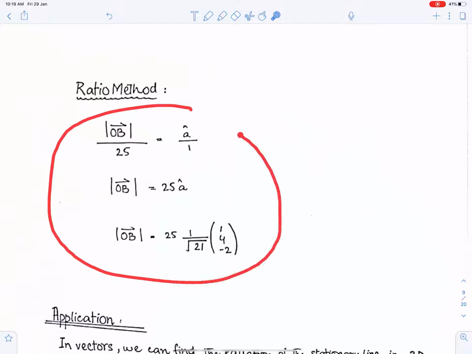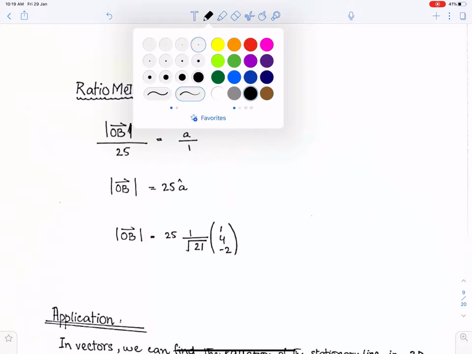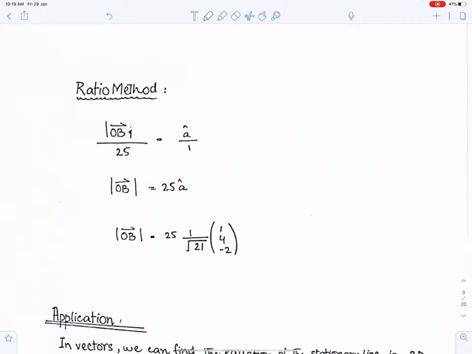Anyone can do this method. Write the requirement here and its magnitude here, and the given vector here with its magnitude. So by cross multiplication we have OB. Let me just correct this thing. This is vector, this is not magnitude, because magnitude is in the denominator.